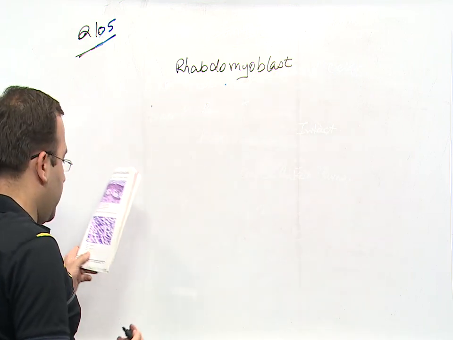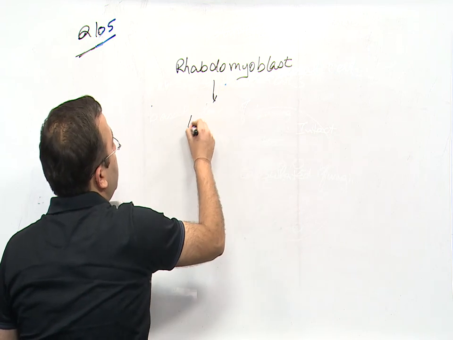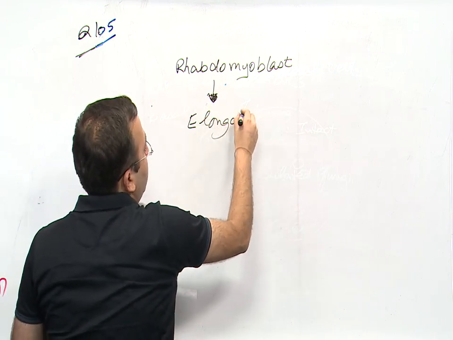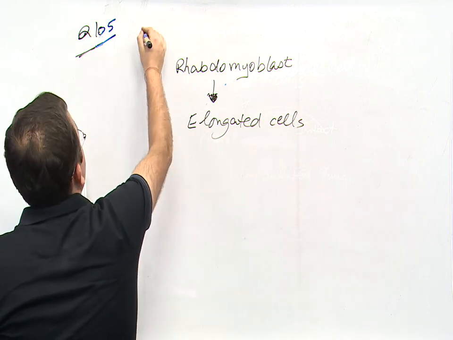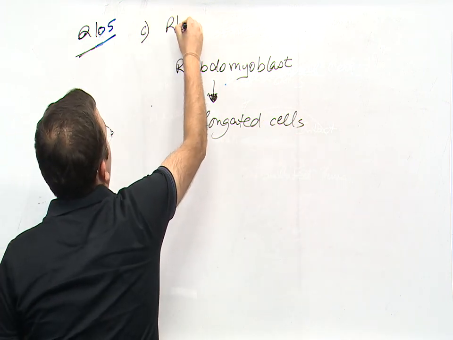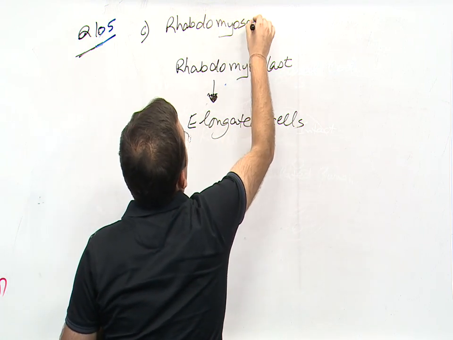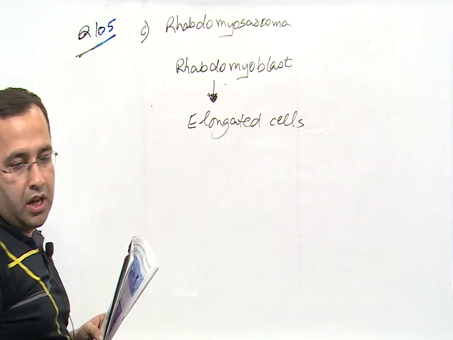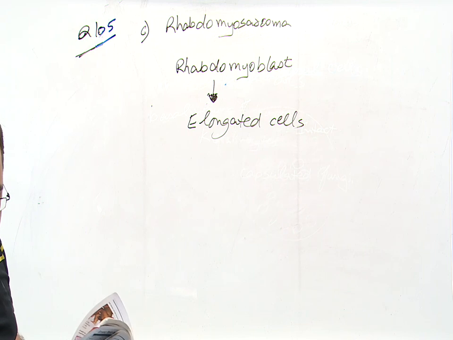It is an elongated spindle cell. Rhabdomyoblasts are elongated cells. So the answer is C, that is rhabdomyosarcoma.